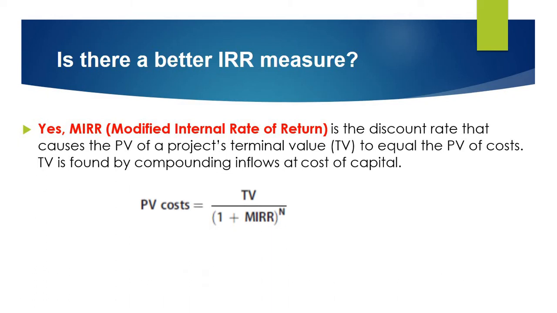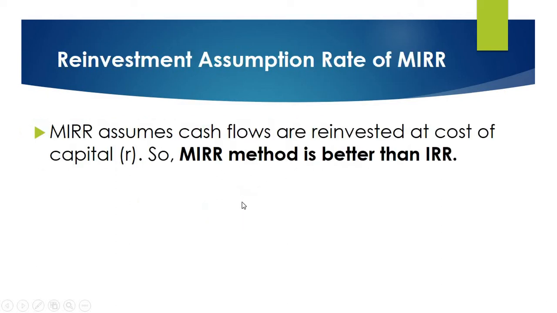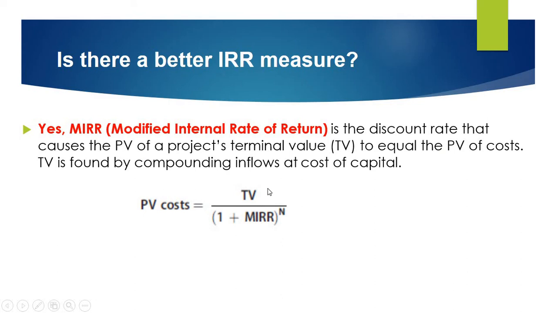So this is the formula of modified internal rate of return. For this, we have to find the terminal value of the cash flows. The terminal value is TV, and this is the present value of the project cost, which is often the initial investment. That's MIRR: (1 + MIRR) to the power n, where n indicates the number of periods.